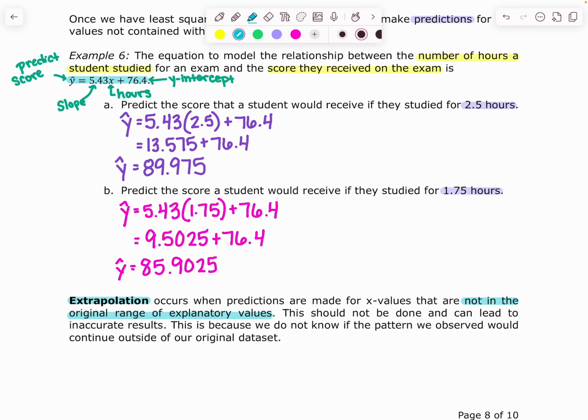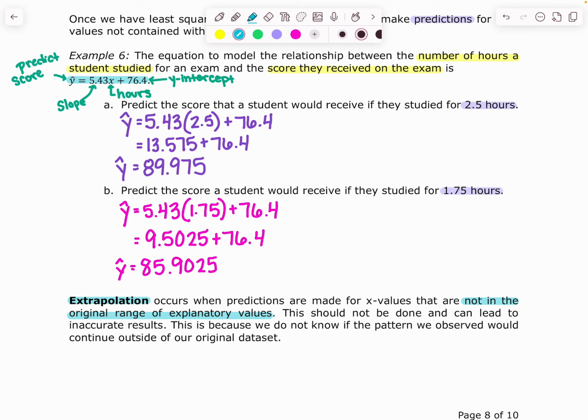Or would I eventually hit a point where I've overstudied and now my score starts to go down if I studied for 6 hours? We don't know that. So we don't want to start making predictions for data values that are too far outside the original data set. You want to stay in or really close to the original range that we have.